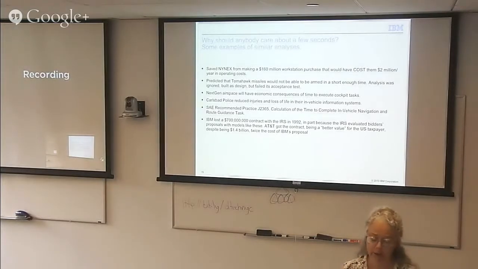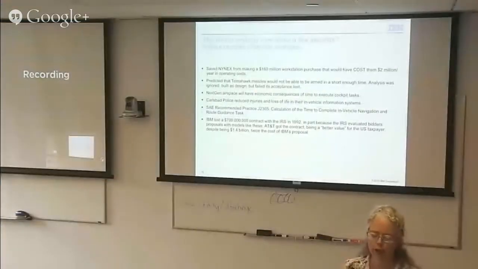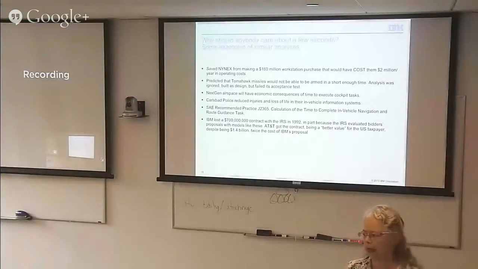There was a similar analysis done on the Tomahawk missiles, which showed that they would not be able to be armed in the amount of time they needed to be armed in. The analysis was given to the Navy. It was done by Navy people. It was given to the higher-ups in the Navy, and they didn't like that answer. So they ignored it.